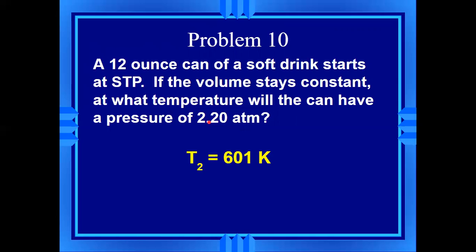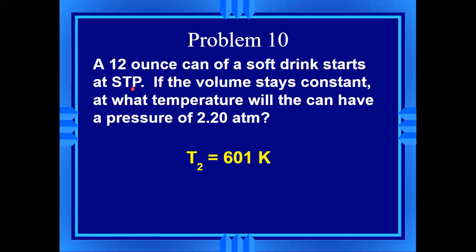So you'll get that your T2 is 601 Kelvin. So I just wanted to point out, by telling you that you originally have a 12-ounce can of a soft drink at standard temperature and pressure, this right here is all of your initial measurements. So you know that the standard temperature is 273 Kelvin and, because your final pressure is given to you in atmospheres, I would suggest you use your initial pressure in atmospheres.